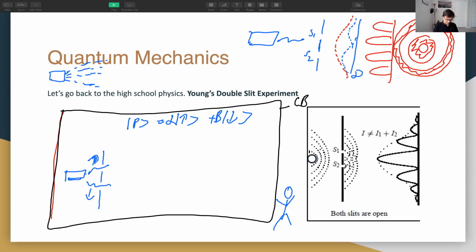But let's say I place a small detector here. I also have an observer inside. Let's say we have a cat inside. It's not a pretty cat, but still it's a cat.